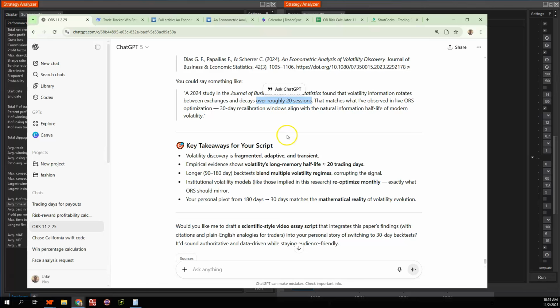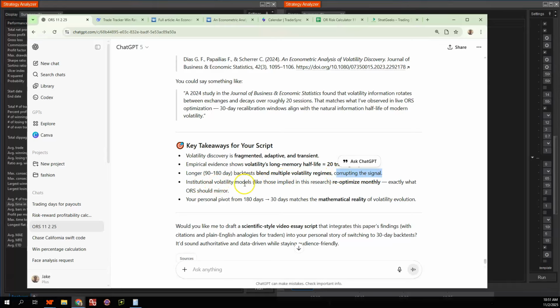Key takeaways. Volatility discovery is fragmented, adaptive, and transient. Empirical evidence shows volatility's long memory half-life is 20 trading days. Institutions are using this. Longer 90 to 180-day backtests blend multiple volatility regimes, corrupting the signal.